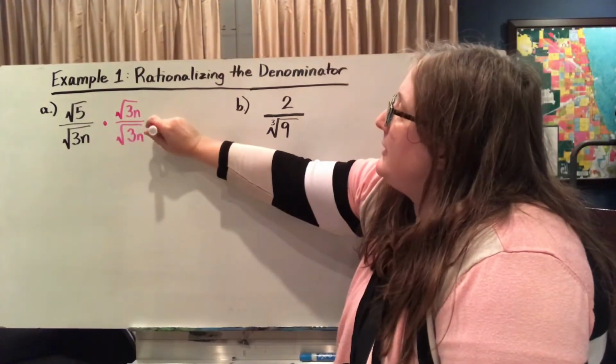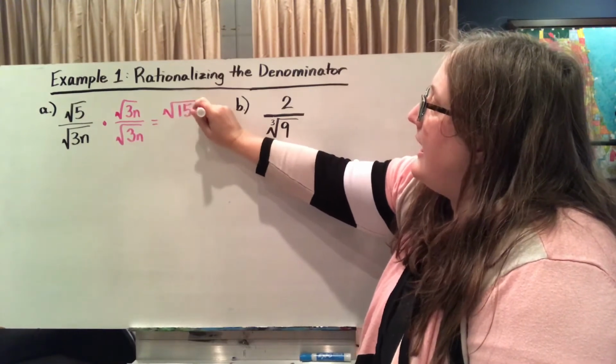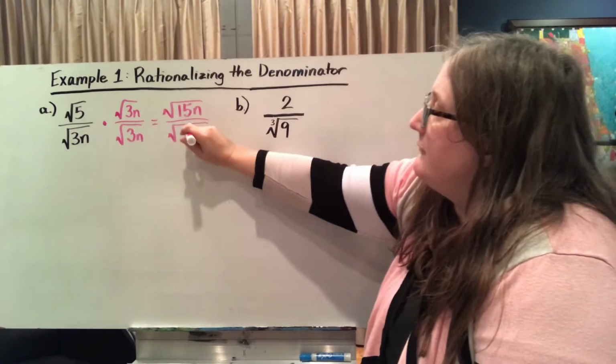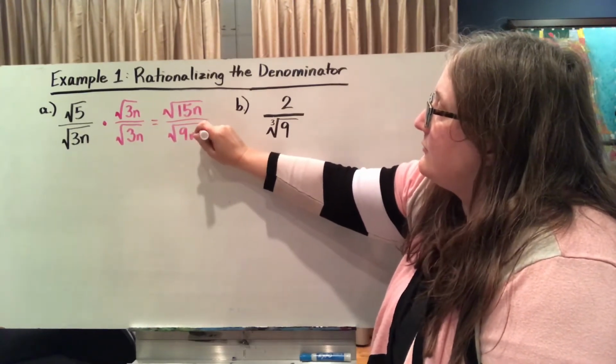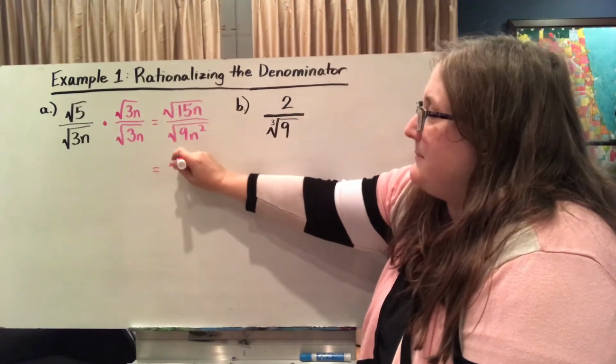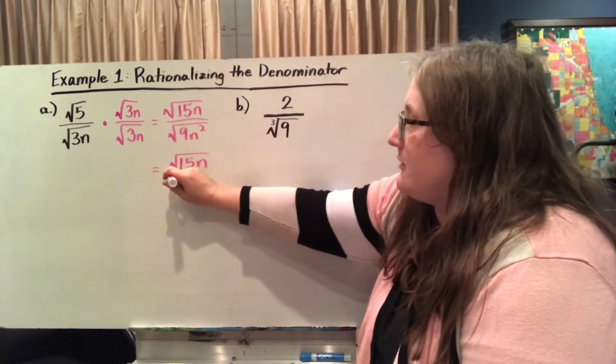So on the top here, that's going to give me square root of 15n. And on the bottom, it's going to give me the square root of 9n squared. So 15 and n can't be simplified any further. Neither of them are perfect squares.